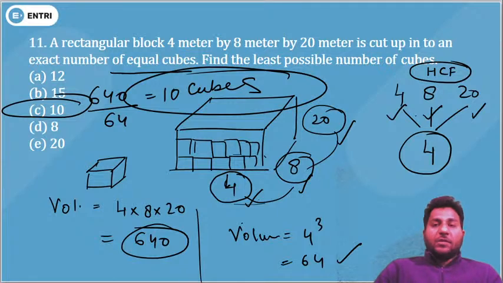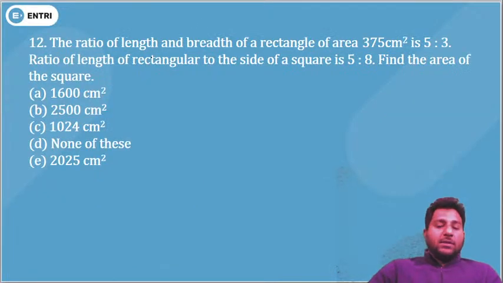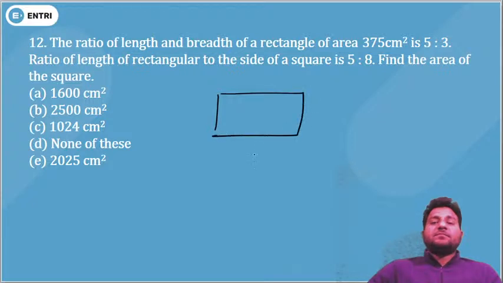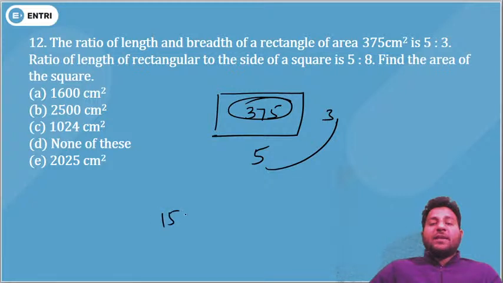Okay, good. Next. The next question says that the ratio of length and breadth of a rectangle is given, and the area will be 375 centimeter square. So clearly length times breadth, which means 15x square equals 375.